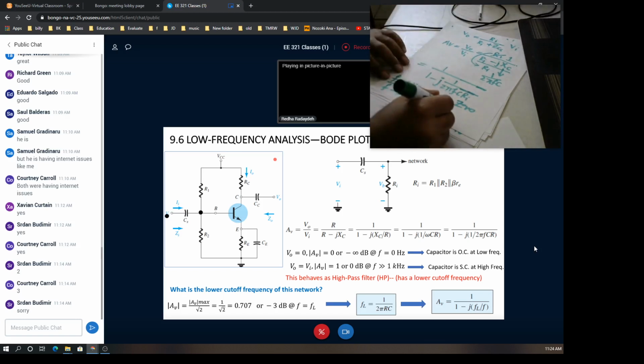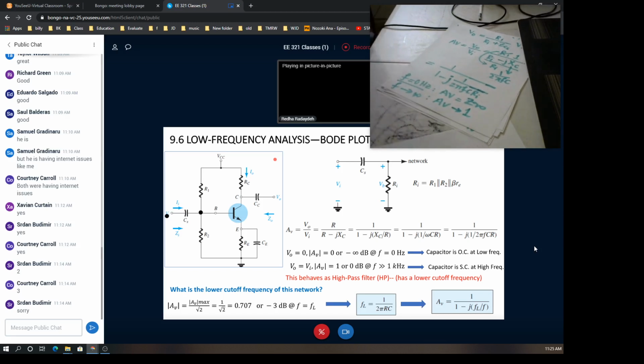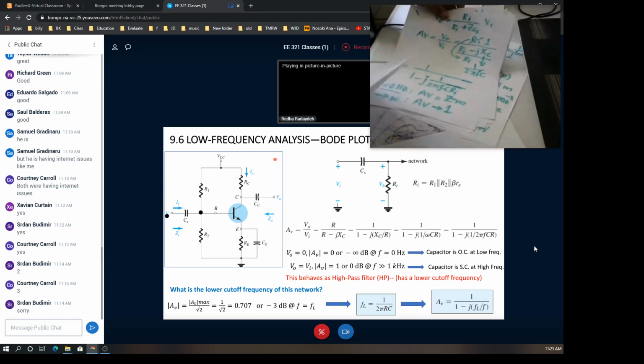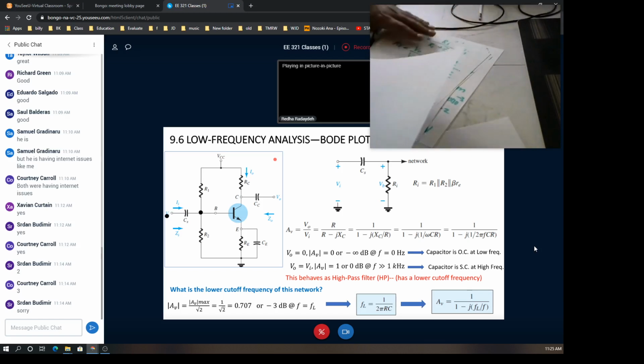The gain will be approximately approaching 1, unity, which is the maximum in this case, right? So based on what we have here, we can tell that this network will pass frequencies that are very high and will reject frequencies that are very low. In this case, we can say that the network will operate like what? A high pass filter that will pass high frequencies and reject low frequencies.